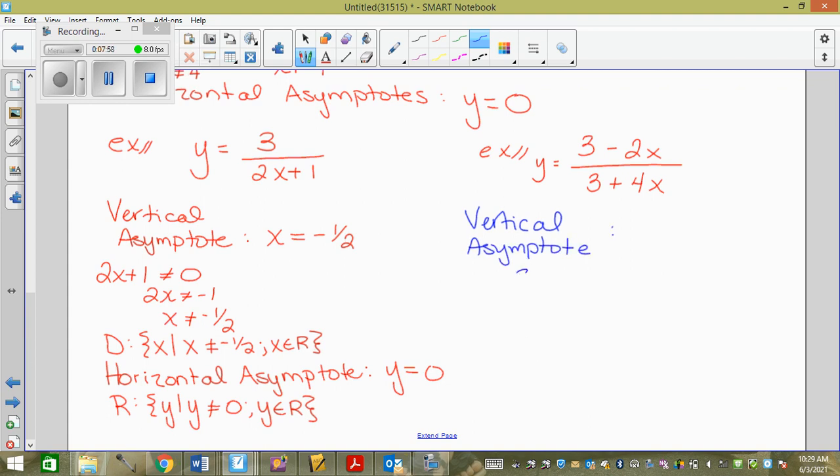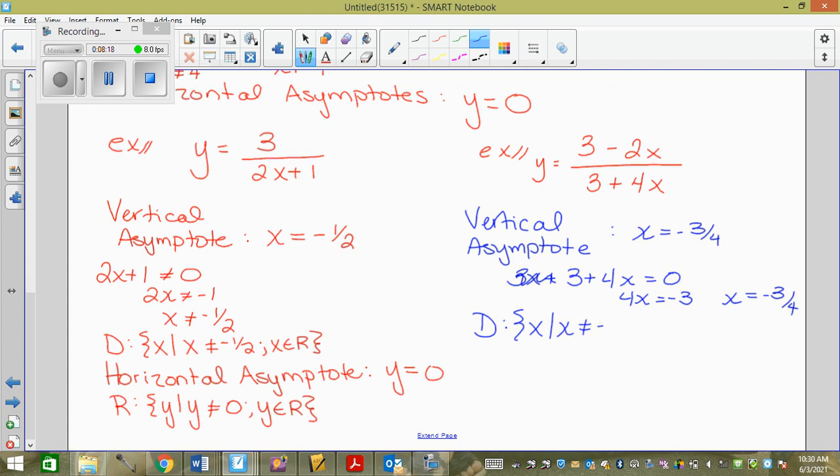So 3 plus 4x equals 0, 4x equals negative 3, x equals negative 3/4. Domain: x such that x cannot equal negative 3/4, x ∈ R.